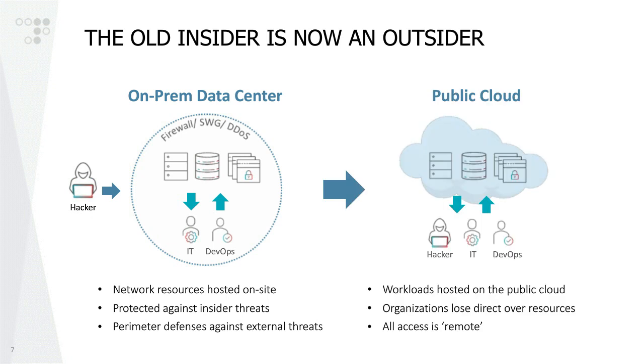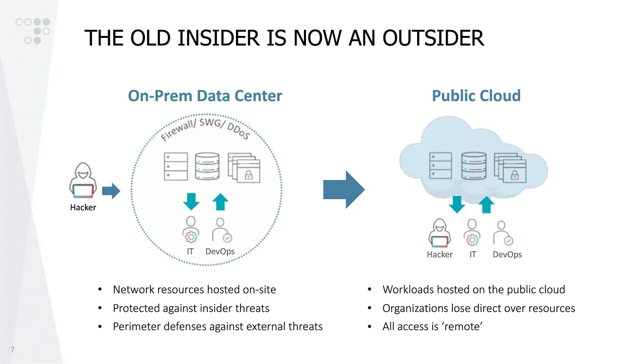So when you look at the world of the public cloud, you see that essentially everything is now hosted on the outside. The computing resources are no longer running in the same location or in the same network as the people running them, as the IT staff, developers, and so on.